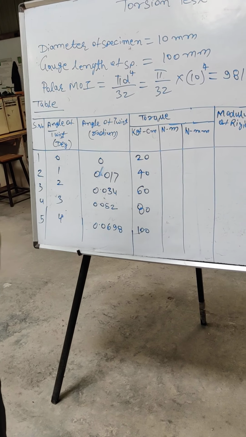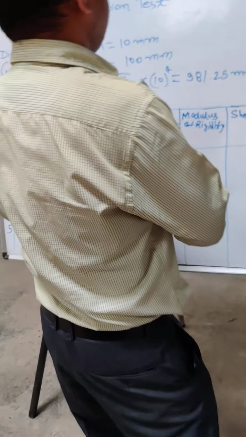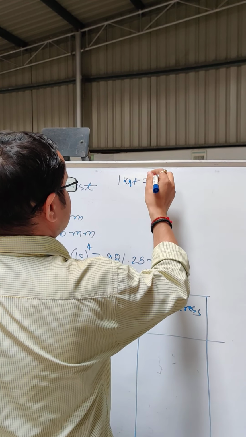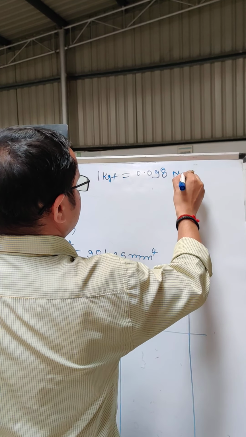I will explain: 1 kgf is equal to 0.098 Newton meter.